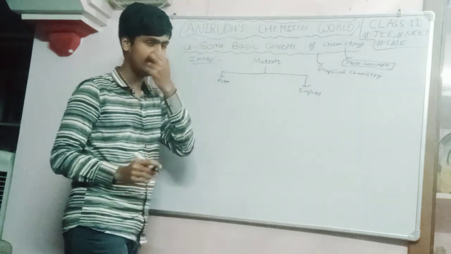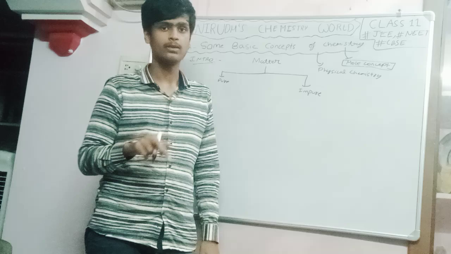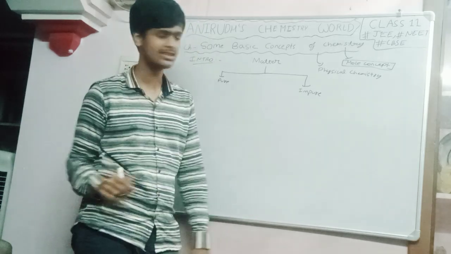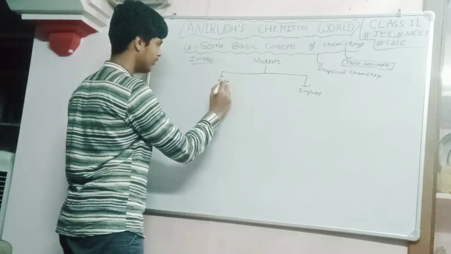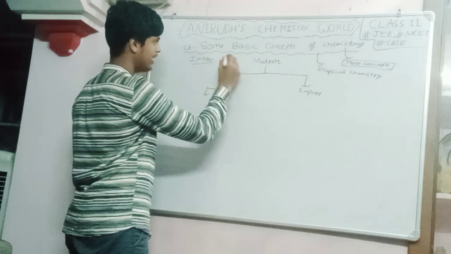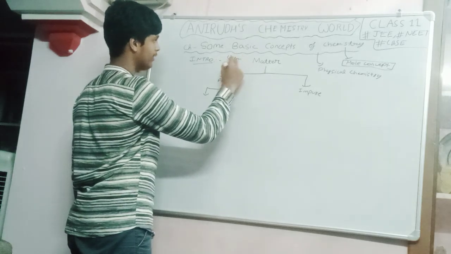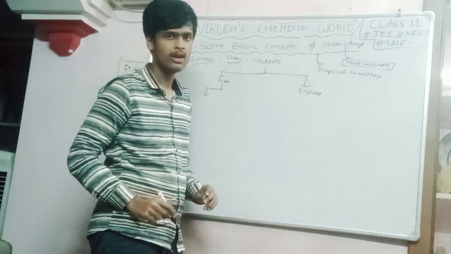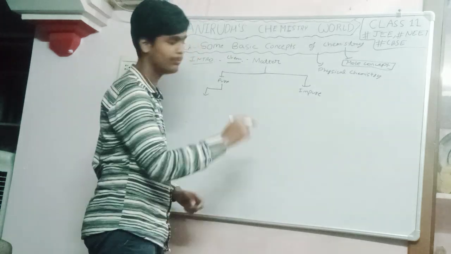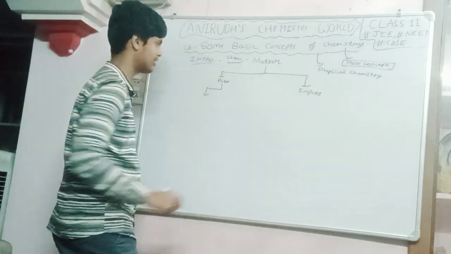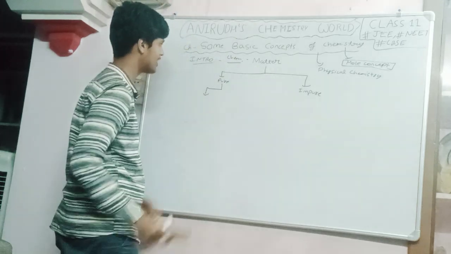First one is pure and another is impure. In pure, we have again some classification. This is what I am writing about the chemical matter, chemical classification. Based on chemical classification, I will be writing about physical classification here. But in chemistry, we will focus mainly on the chemical classification itself.